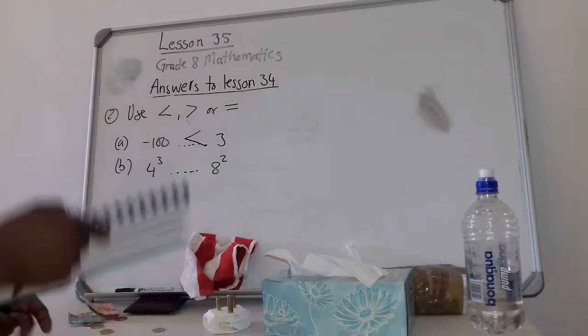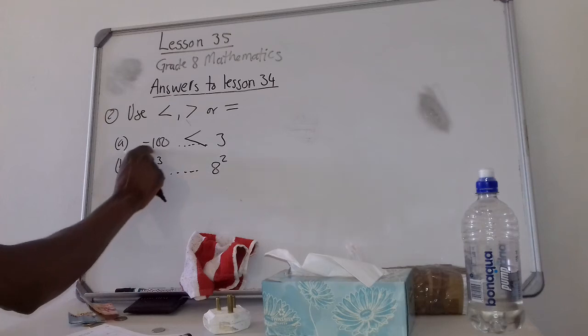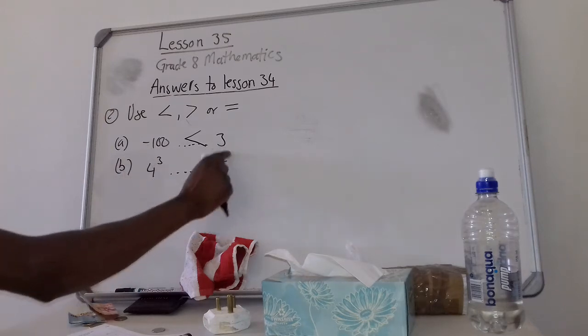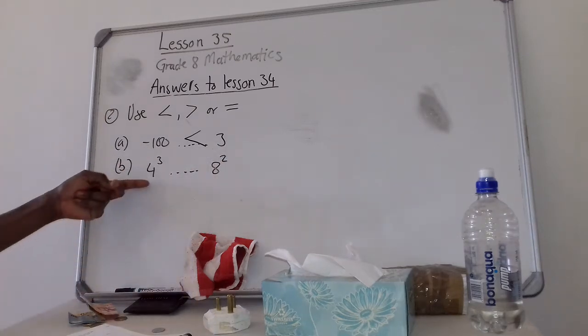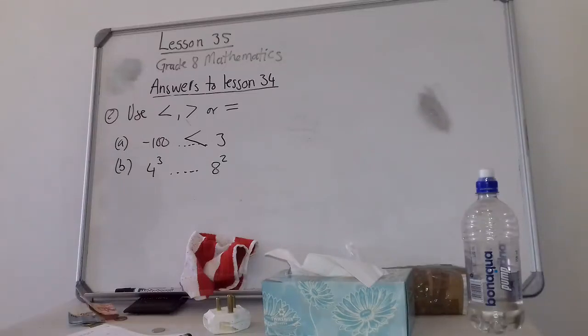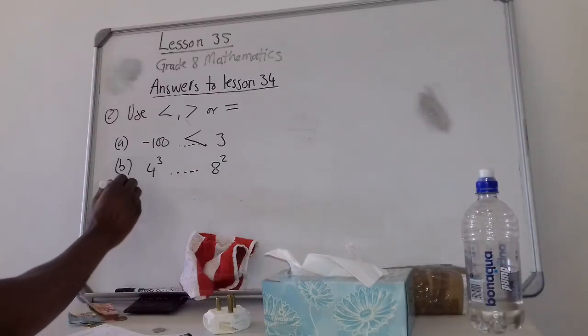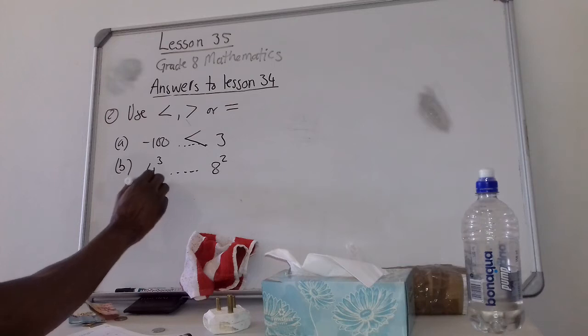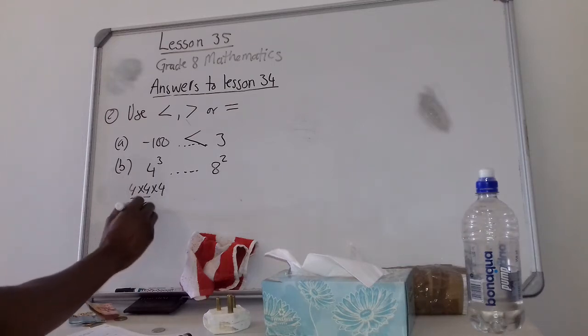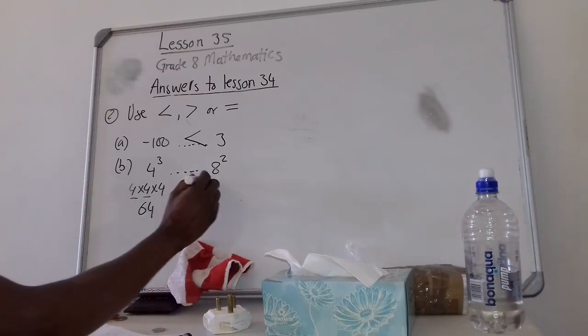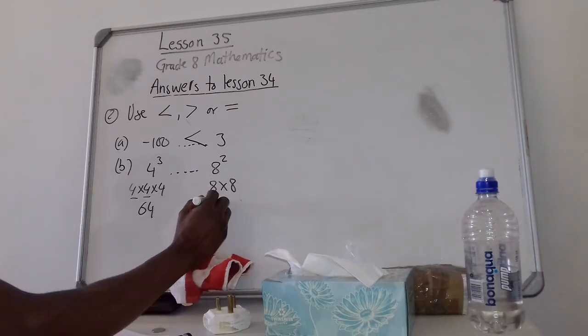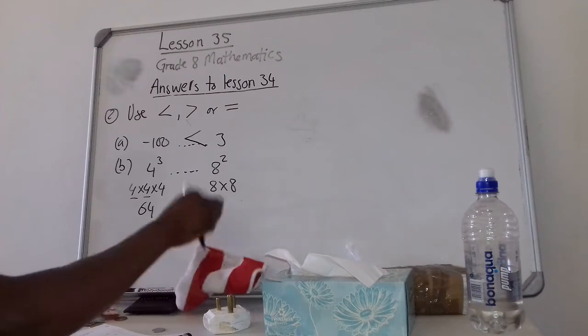When it comes to a number like 4 exponent 3, you should always convert it to normal form, because it's written in index notation. 4 exponent 3 means 4 times 4 times 4. 4 times 4 is 16, 16 times 4 is 64. Then here, 8 exponent 2 is 8 times 8, which is 64.